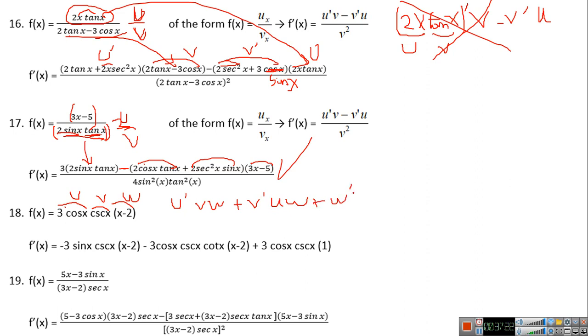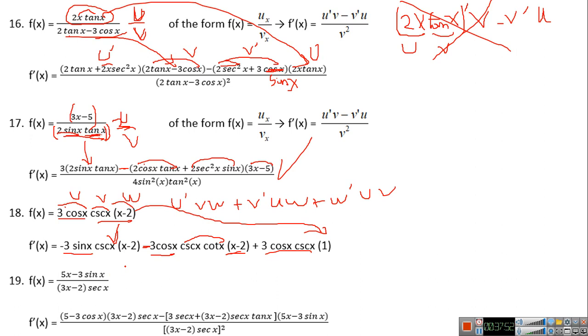I mean, you take the derivative of one of the factors times the others, plus the middle one times the others, plus the last one times the others. So the derivative of 3 cosine x is minus 3 sine x. You copy these two. Now I want to do the derivative of cosecant. The derivative of cosecant is minus cosecant cotangent. So put minus before, and you copy 3 cosine x and the x minus 2. The derivative of x minus 2 is 1, you can see it, and you copy 3 cosine x cosecant x.